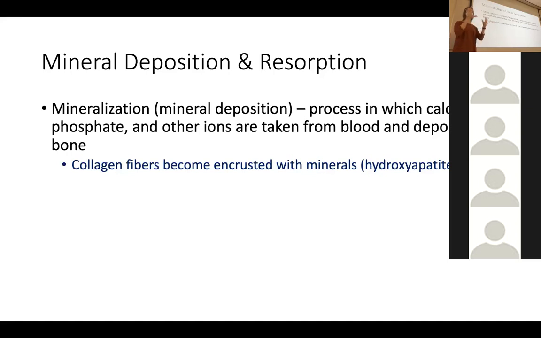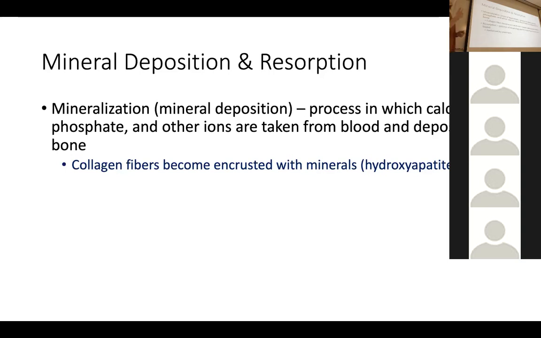And the matrix is the stuff surrounding the cells, essentially, the bone cells. So those collagen fibers become encrusted with minerals, calcium and phosphate mostly, and then that hardens and you get that hard bone matrix. That is mineralization in a nutshell. So minerals are moving from the blood into the bone.